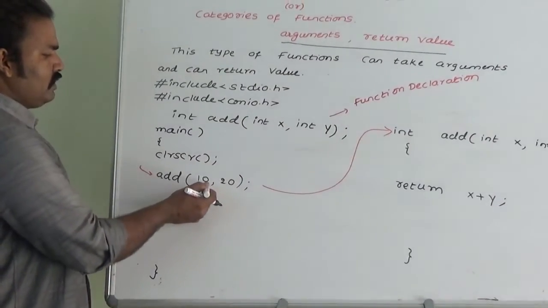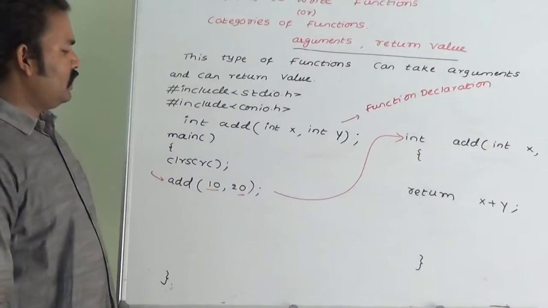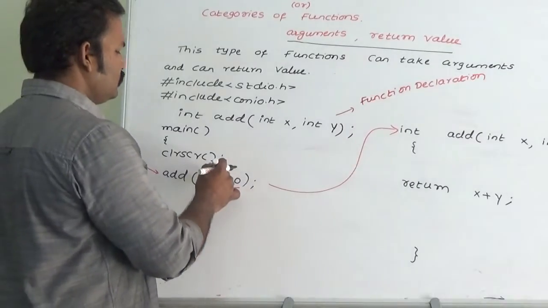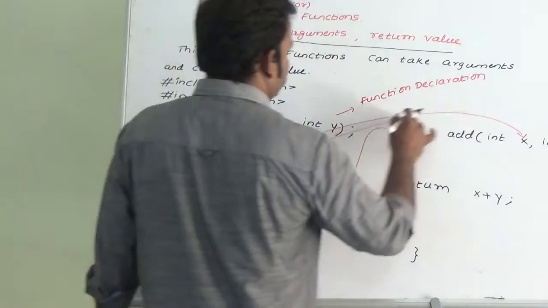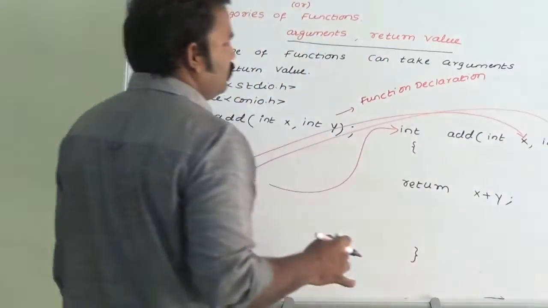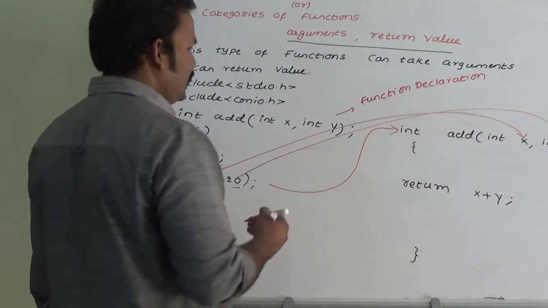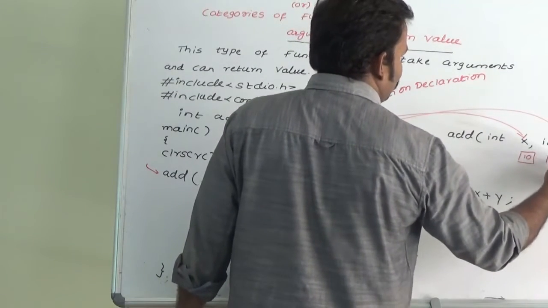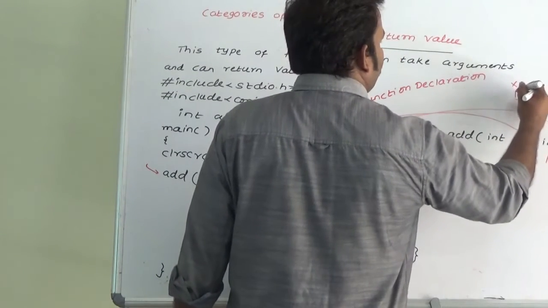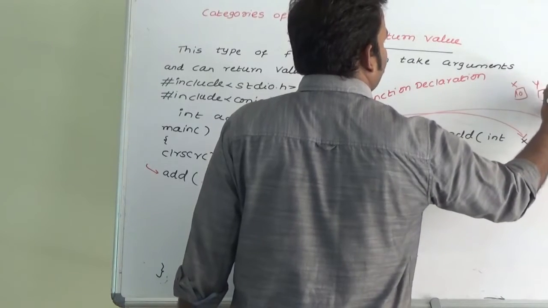Here I am passing 2 values. So 10 will be received by the x variable, 20 will be received by the y variable. The x value is 10 and the y value is 20.